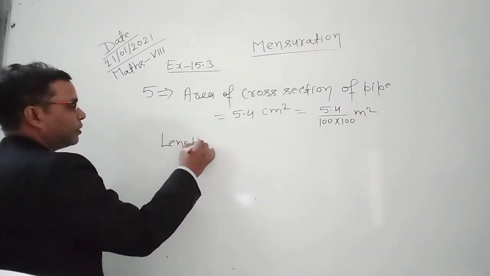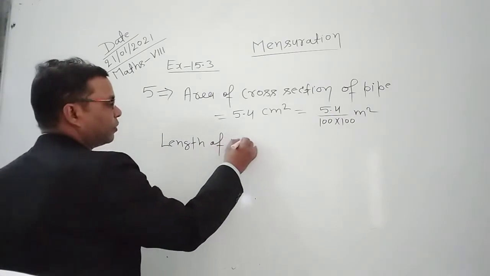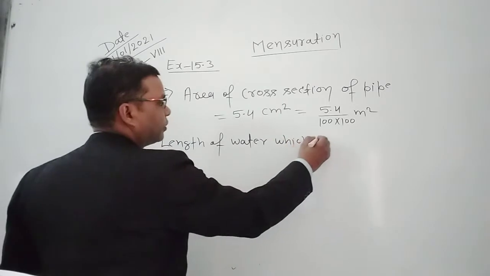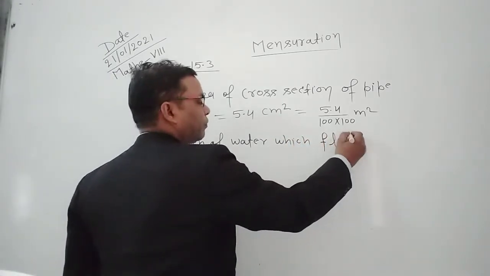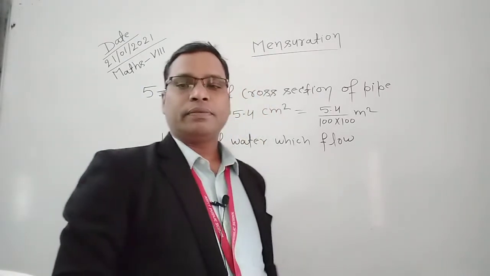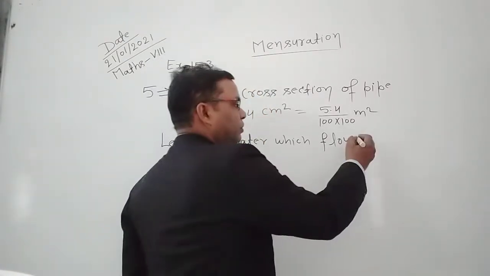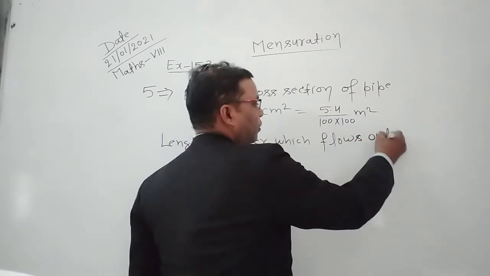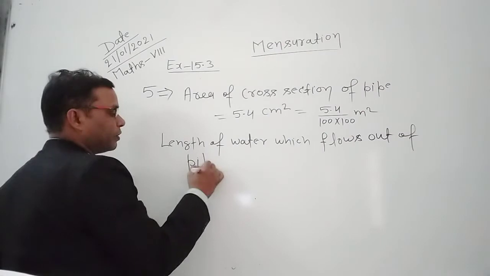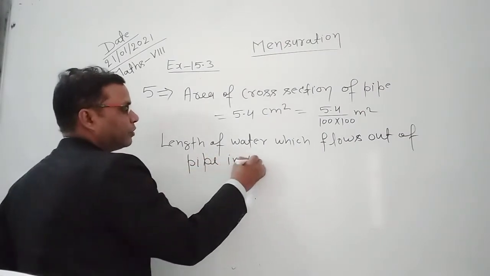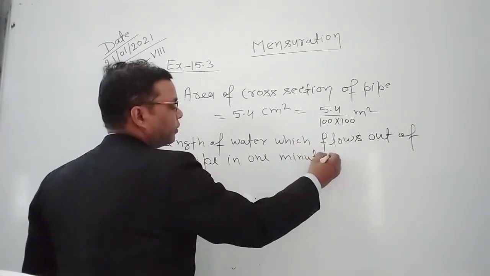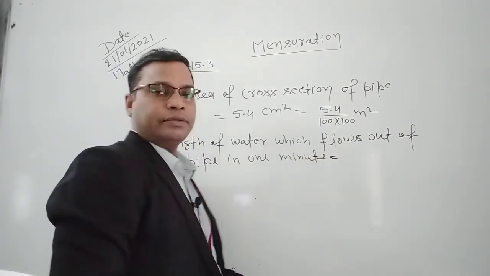Length of water which flows out of pipe in 1 minute. This is equal to what?